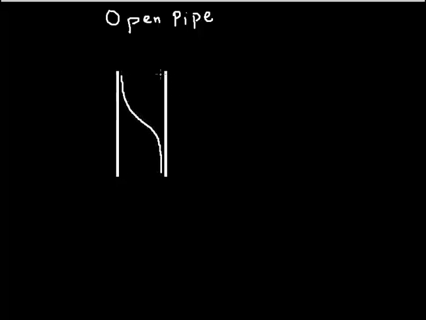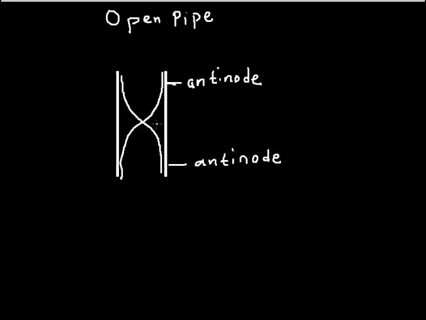So that means at the open end there's an antinode here, at the other open end there's another antinode, and in between there's a node.